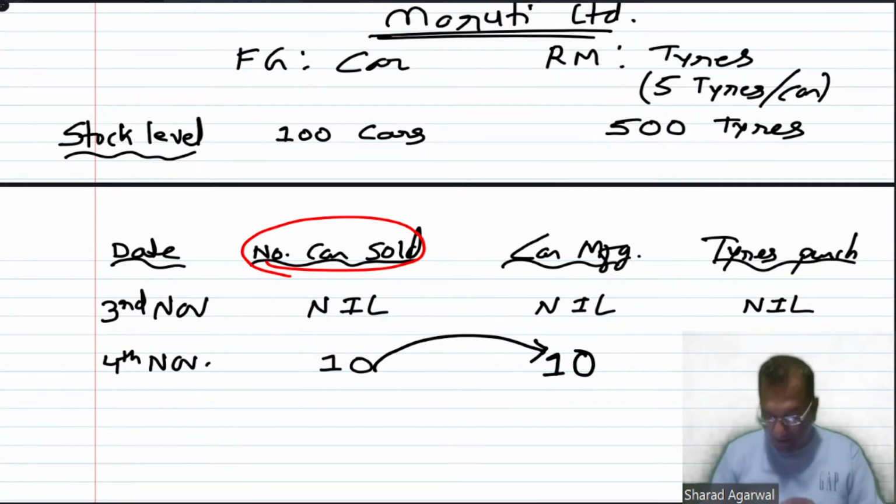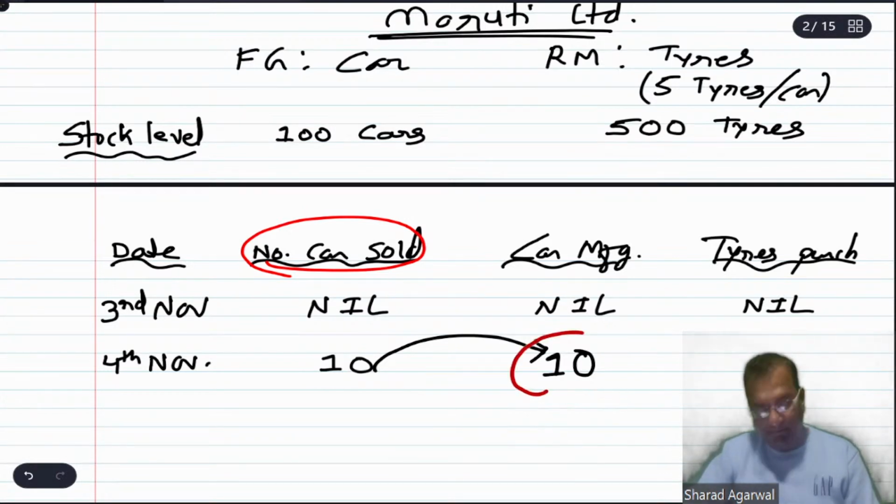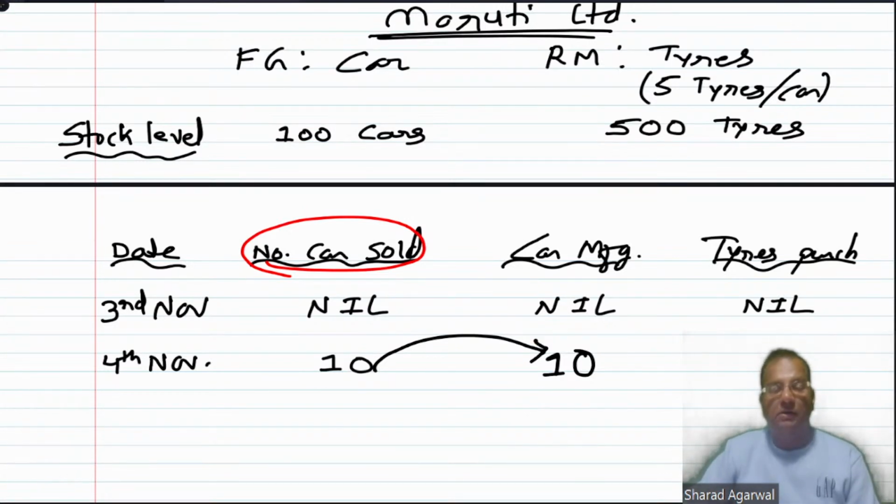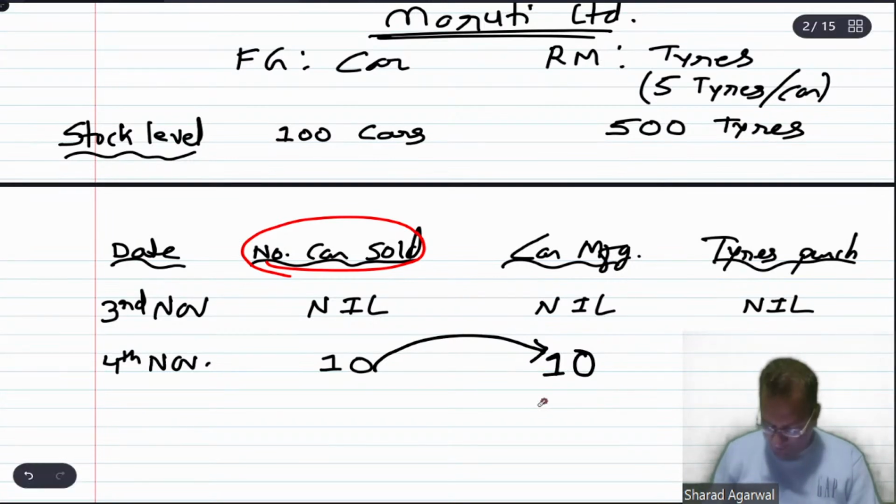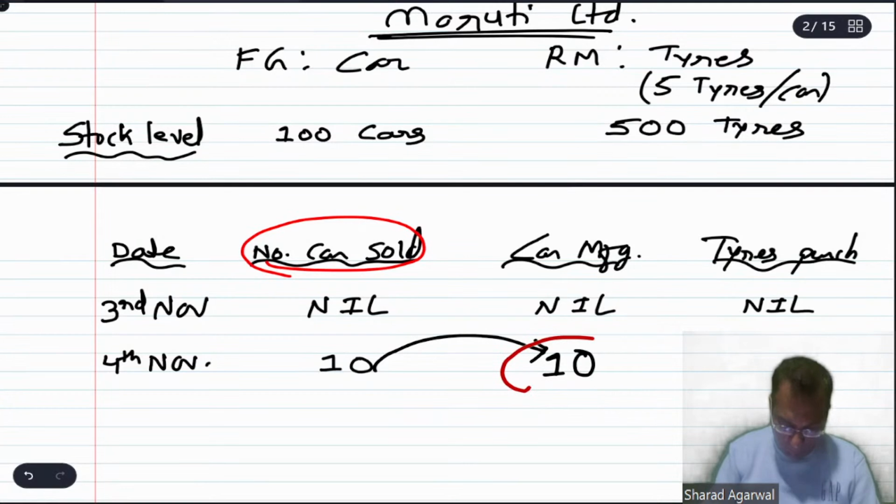Now, we have taken the example of tire. Whether we have to wait for arrival of raw material to manufacture such 10 cars, please tell me beta.